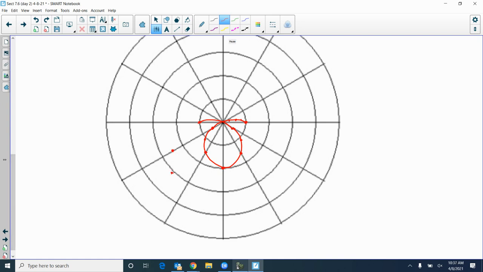And then 3.6 at 240, 4 at 270, 3.6, 3.1 at 315, 2.5 at 330, and then it goes back to 1. And so there we go. So now, it doesn't look the same as the last one. Okay, it had that inner loop, but that's going to be our final graph, between 0 and 360.